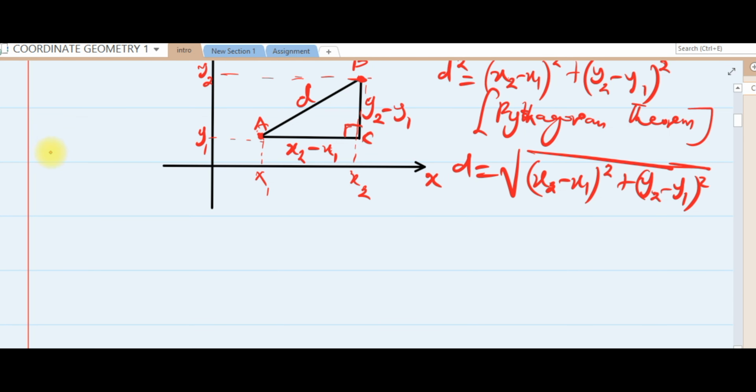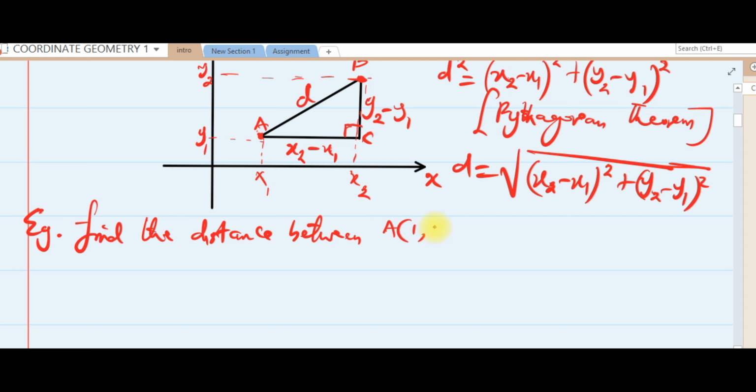So whenever you are given 2 points and you are asked to find the distance, just use this. For example, if you are asked to find the distance between point A, 1, 3 and B, 2, 5.